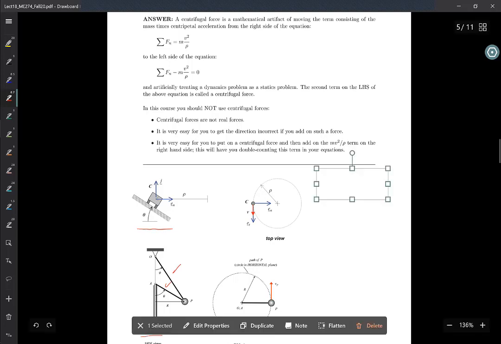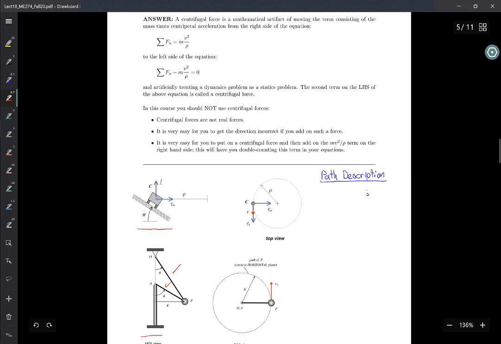You have to find some kinematic equations. You need to use path.